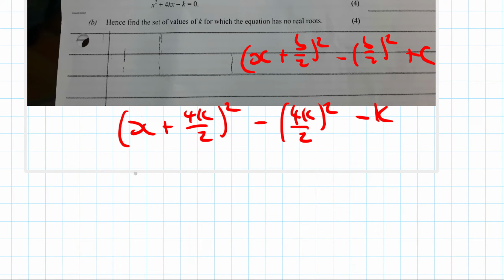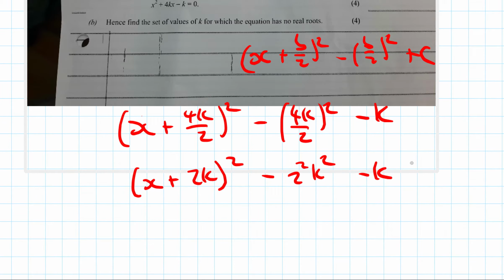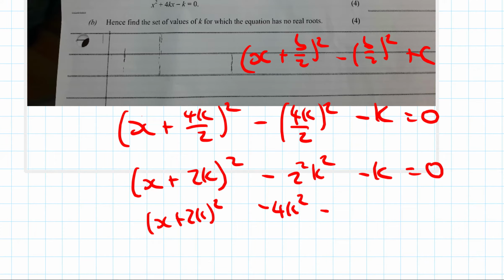So from here, this becomes x plus 2k squared minus, 4 divided by 2 is 2, so this becomes 2 squared k squared minus k is equal to 0. And then we solve this, so it's x plus 2k squared minus 4k squared minus k is equal to 0.